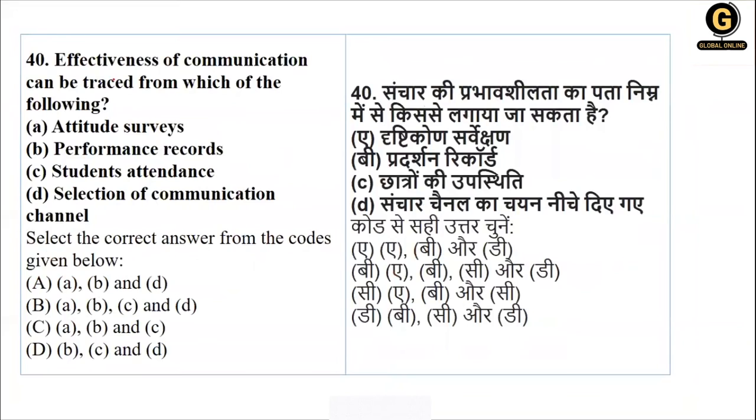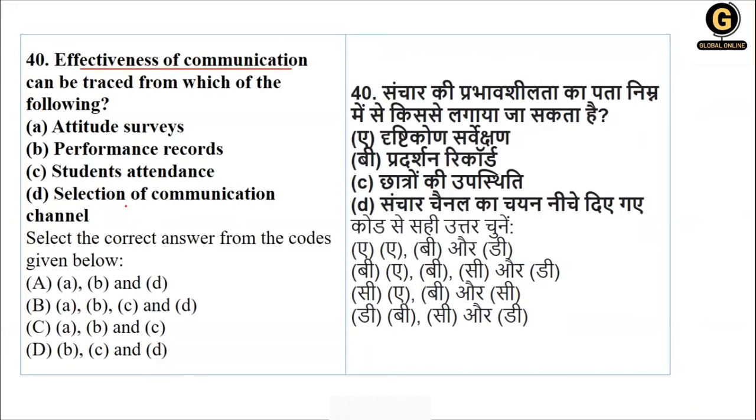Next one. Effectiveness of communication can be traced by from which of the following? अगर आपको effectiveness trace करना है तो कौन से option से करोगे? Attitude survey, performance record, student attendance, or selection of communication.